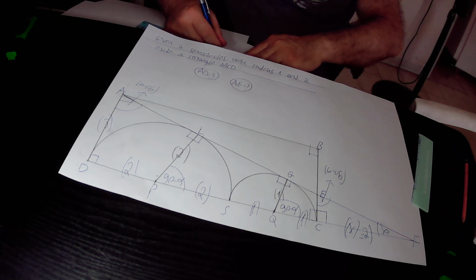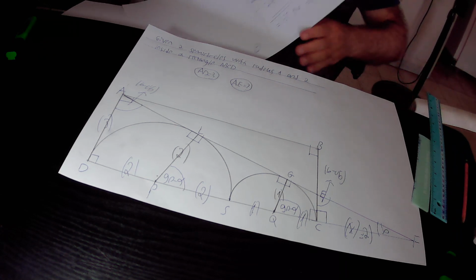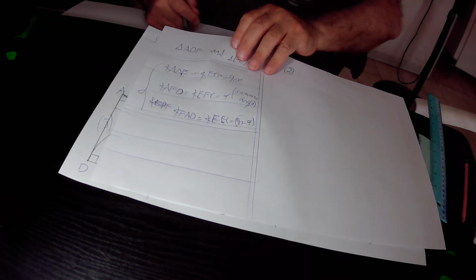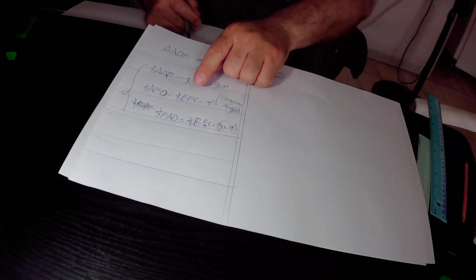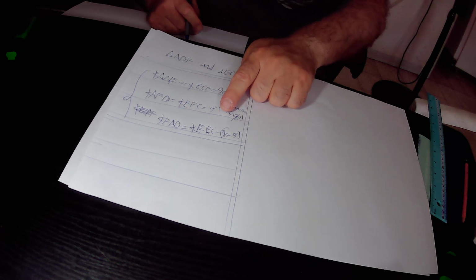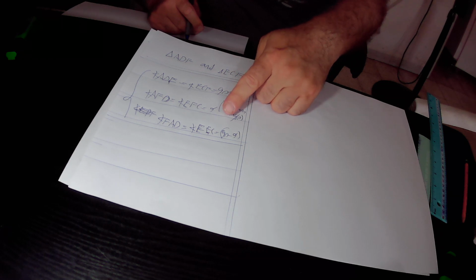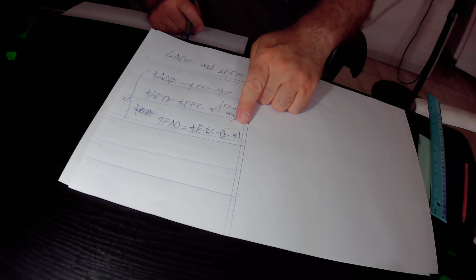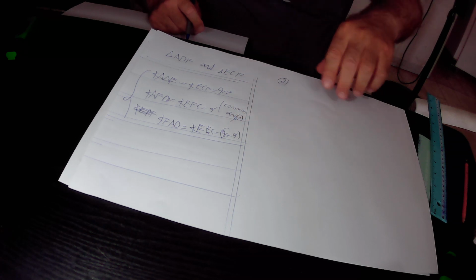So I'll repeat again. We found out that angle FAD in the biggest right triangle AFD equals angle EFC in the small right triangle ECF. They are both equal to 90 degrees minus alpha, therefore they are equal to each other.